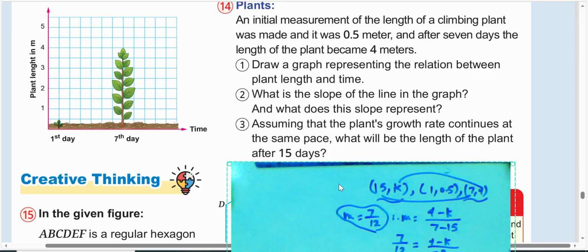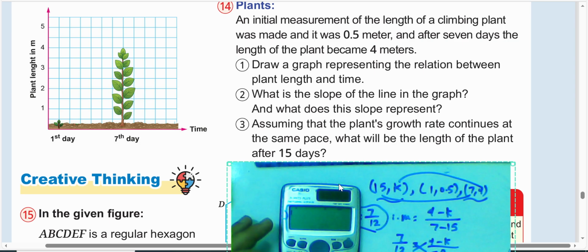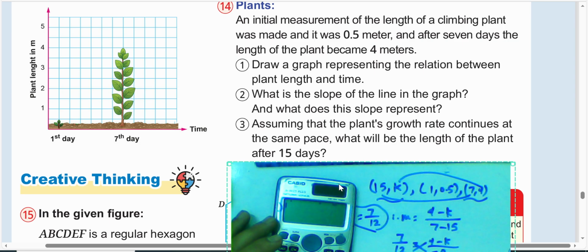Then 4 minus k is equivalent to negative 8 times 7 divided by 12. Okay, we can write k will be equal 4 plus 8 times 7 divided by 12. The result will be negative 14 over 3. Move here, and this will be positive 4. The result will be 4 and 14.